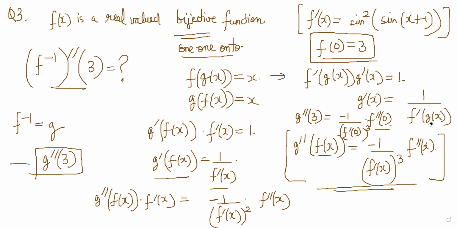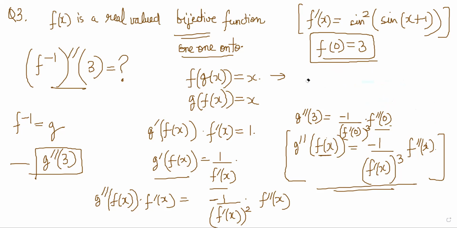I did not use the first one because there was an inside g of x, which is annoying because I don't know so many values. I used the second one because there the inside part is f of x, whose values I might know. So one derivative gives me the first derivative of the g function, and one more derivative gives me the second derivative, and it comes out looking like this.